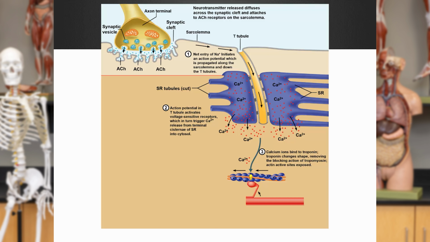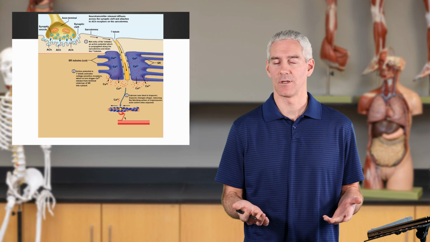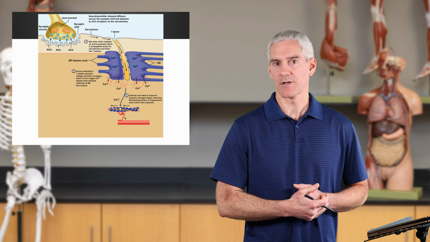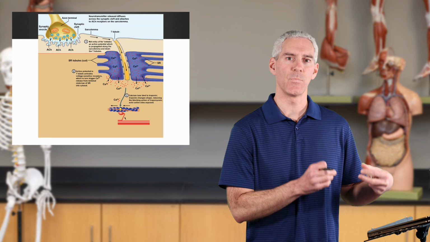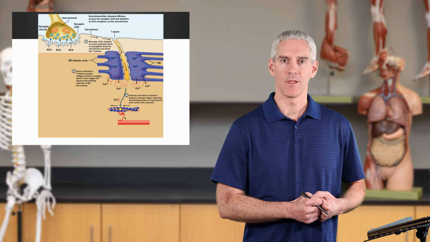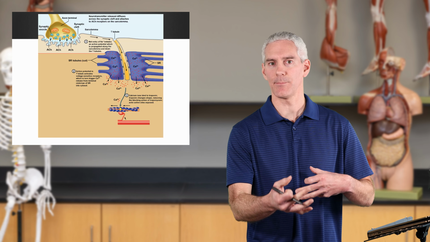We'll need to pick that up in the next video because that's a whole different process now. But this is the end of the excitation-contraction coupling. Because at this point, once that troponin starts to move, we're going to start to create an actual physical movement in the muscle. So now we're not just exciting the muscle, we're actually creating the movement. That's the coupling aspect.